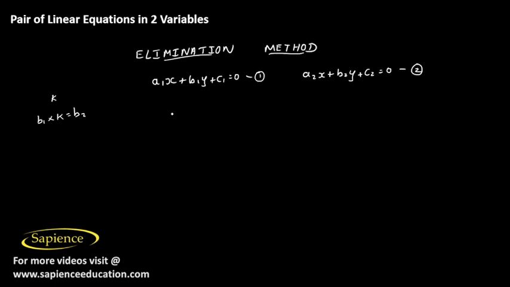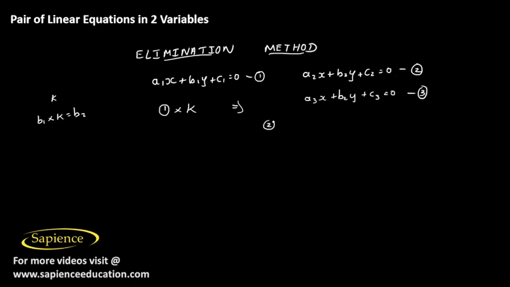So if we multiply the first equation with such a constant, we will get some different coefficient here, but this will be equal to b2 and this will be a different constant, let's say c3 equals 0, and this will be a different equation also. Now in this third equation, the coefficient of y is the same as coefficient of y in the second equation.